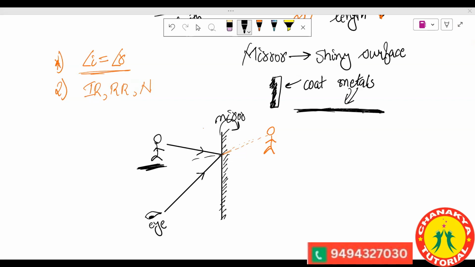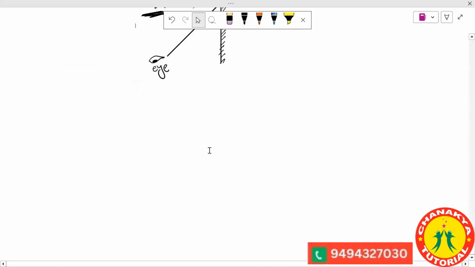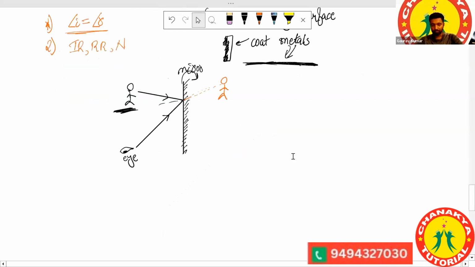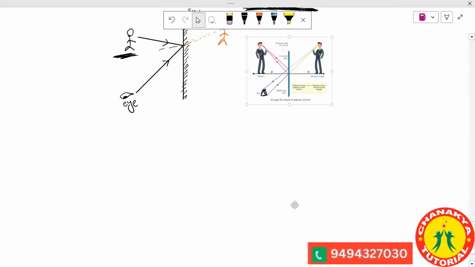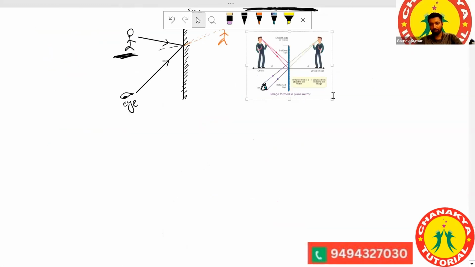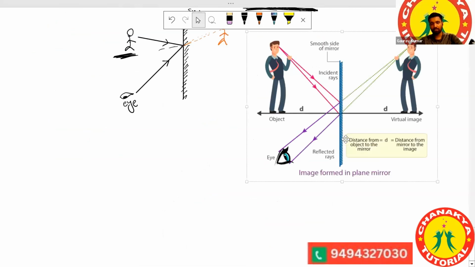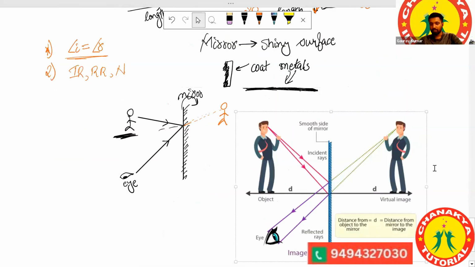Sir, also we get it laterally inverted. Yes, sometimes we see a lateral image. That is an erect image. Lateral, that is standing on the same side.